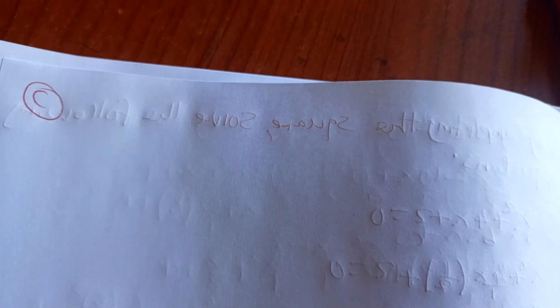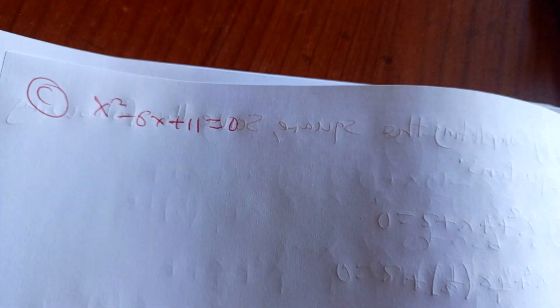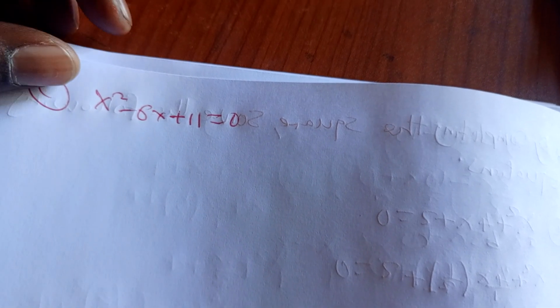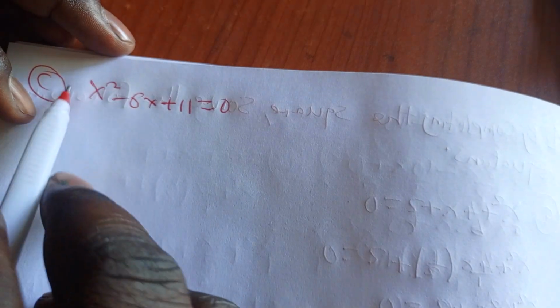Then I got question C. Question C is saying x squared minus 6x plus 11 is equal to 0. As you can see, x alone here, there's one x.